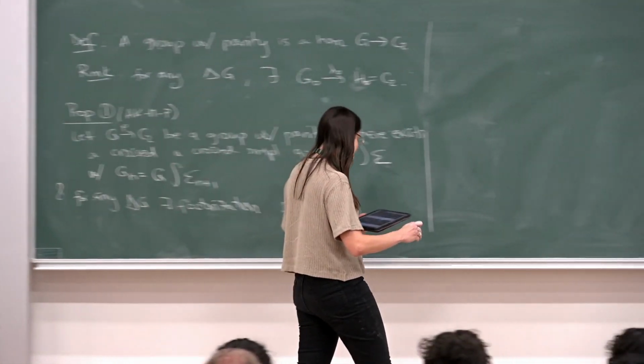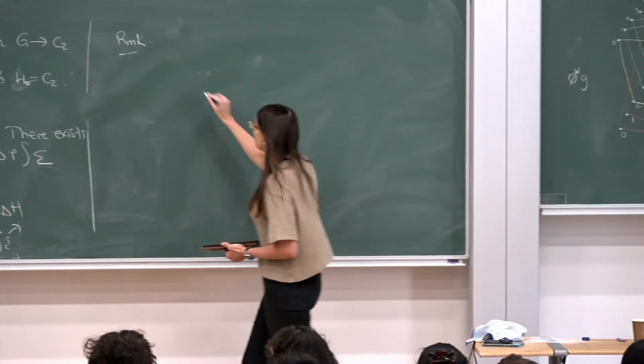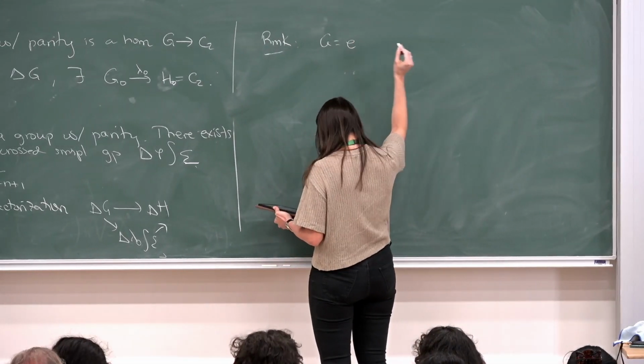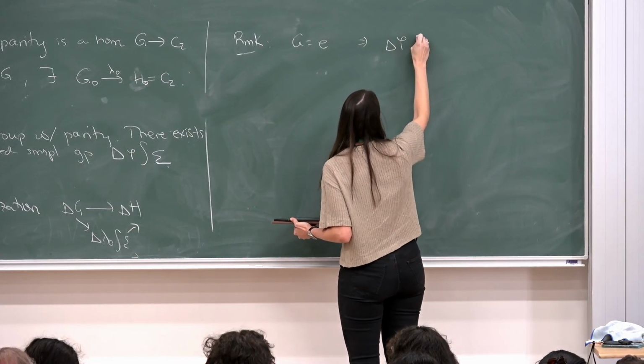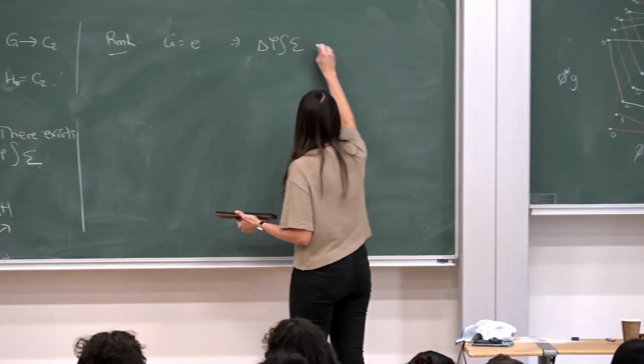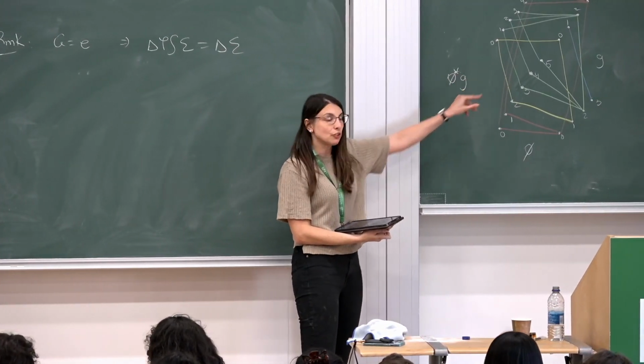A quick remark here. Two particular examples of this are: if G is the identity, then this construction that we're making is just delta sigma, the one that we defined over here via this picture.